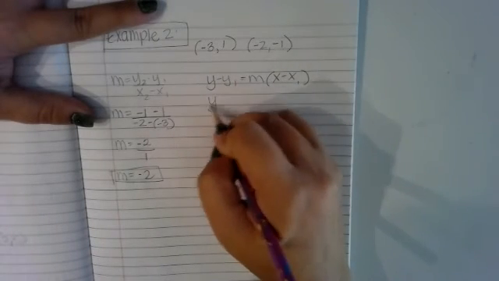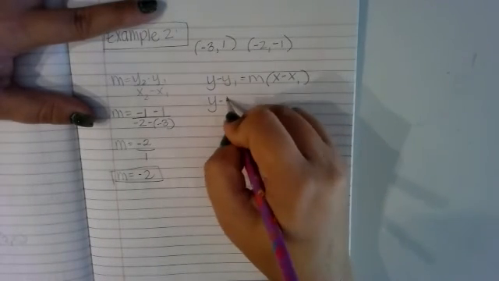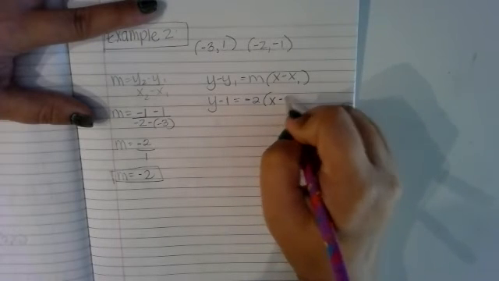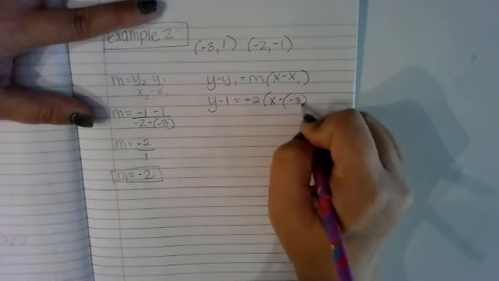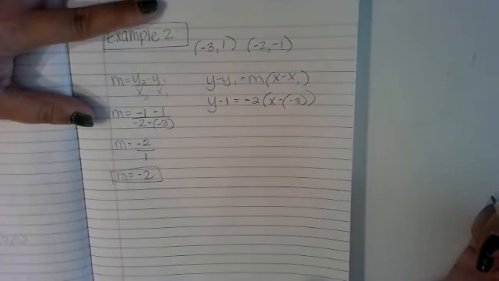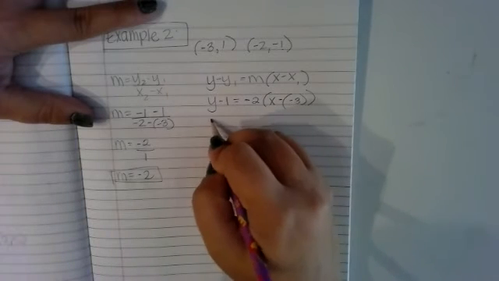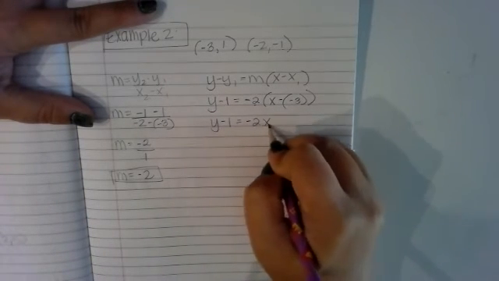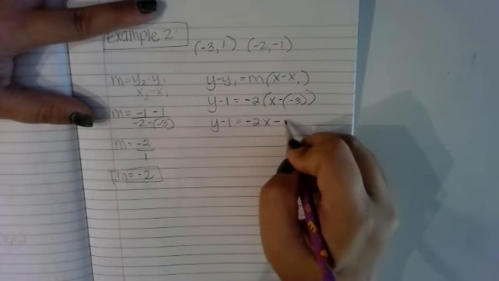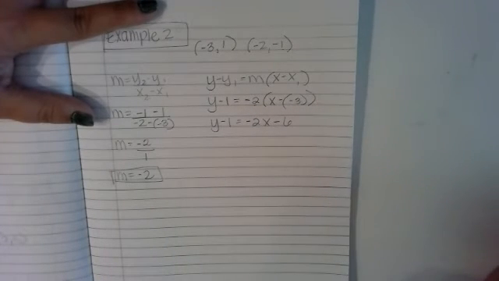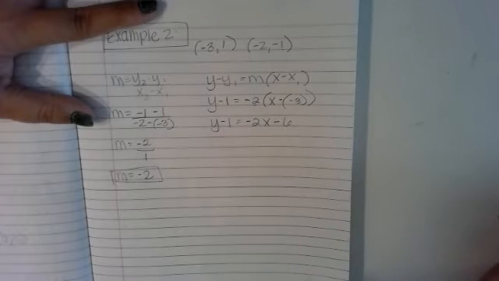So I have y minus y1, which is 1, is equal to negative 2 times x minus negative 3. Y minus 1 equals, distributing, negative 2x minus 6.